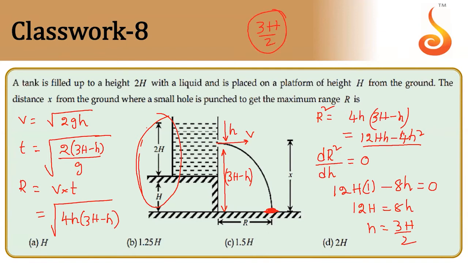That's where you have to make the hole. Simple. If you know the total height, take half of the total height. At that height you make the hole so that the range will be maximum. Understood? That's a shortcut formula. Done, children?